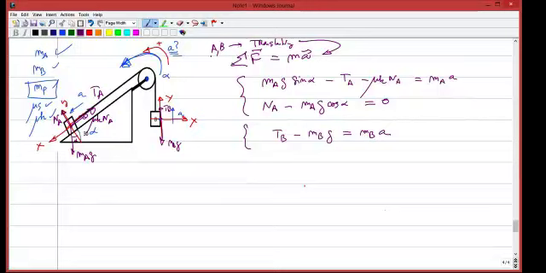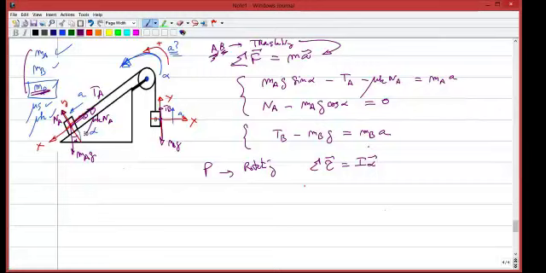Since we've done system A and system B, we have identified a third massive system, the pulley. The pulley is rotating. Therefore, we cannot apply sum of the forces equals MA, but we can apply sum of the torques equals I alpha. Let's do that.